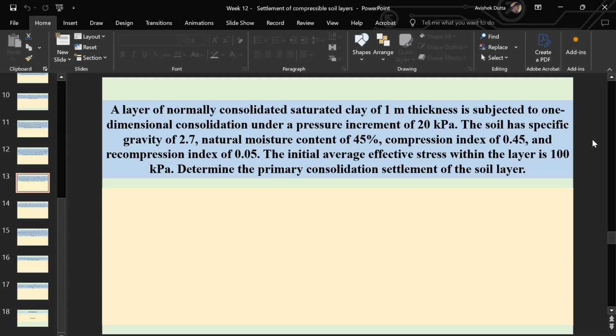The soil has specific gravity of 2.7, natural moisture content of 45 percentage, compression index of 0.45 and recompression index of 0.05. The initial average effective stress within this layer is 100 kilopascal. Determine the primary consolidation settlement of the soil layer.